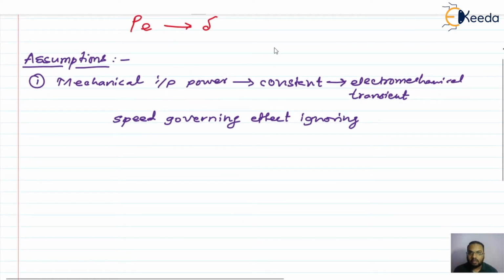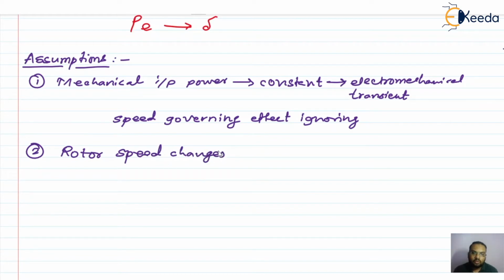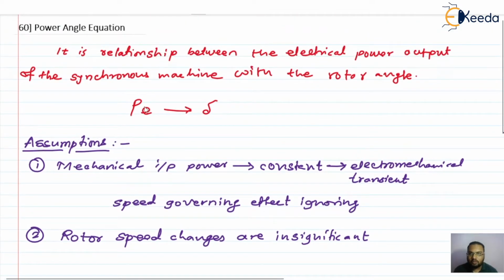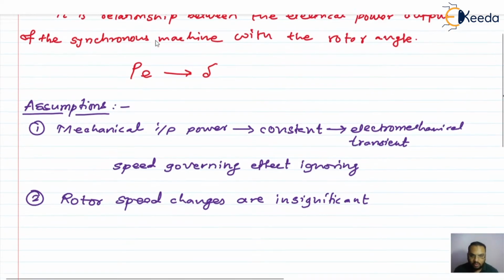Okay, the second assumption is that the rotor speed changes are insignificant. What does it mean? Again, let me give you one more point here. This power angle equation has been calculated during the transient period.